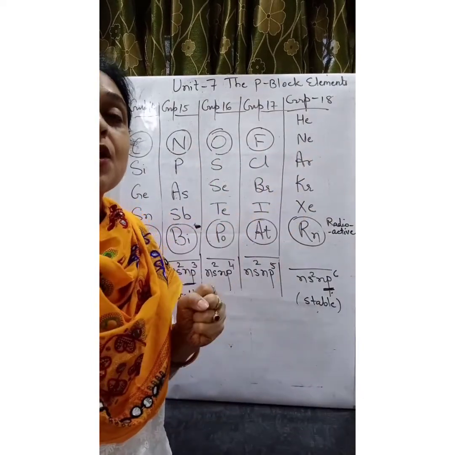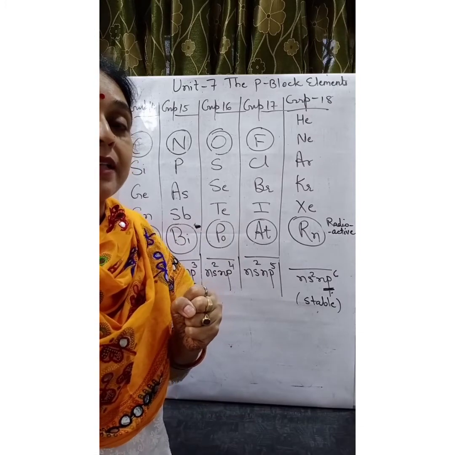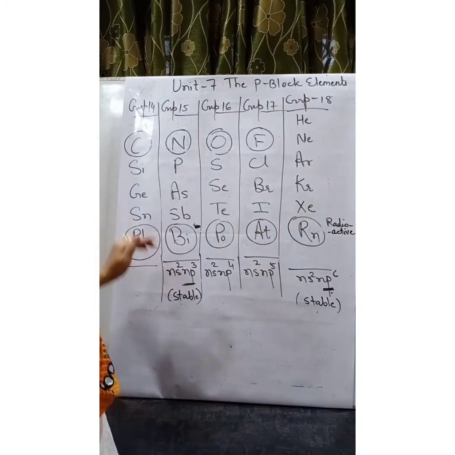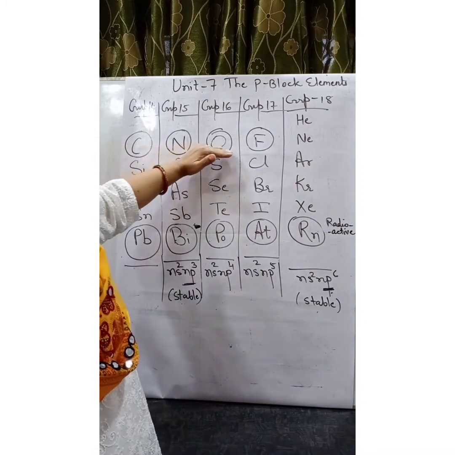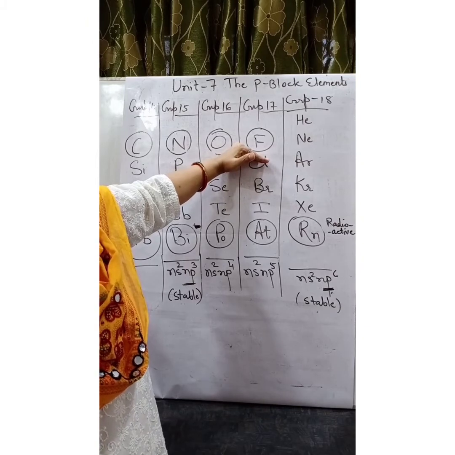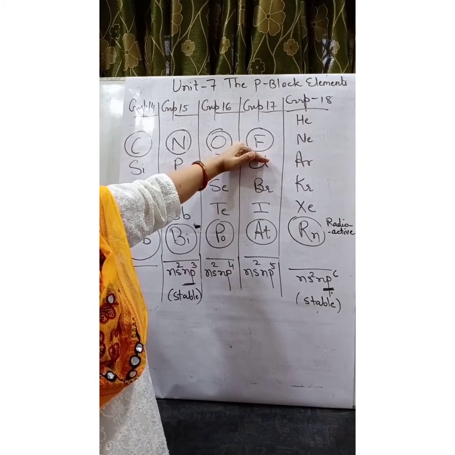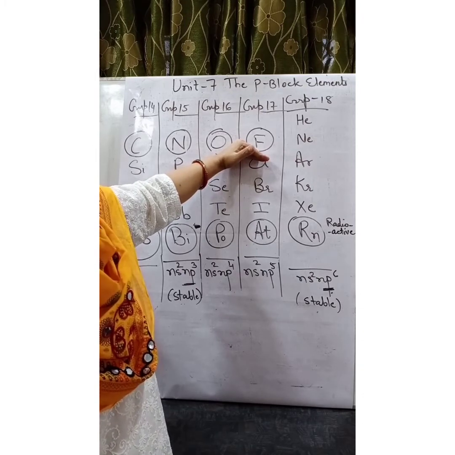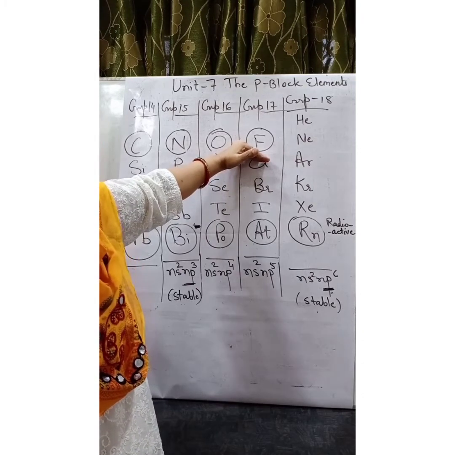Now when an electron is readily attracted by the atom, they release energy. So in other words, we can say as we move from left to right, the value of electron gain enthalpy becomes more and more negative because there is release of energy.